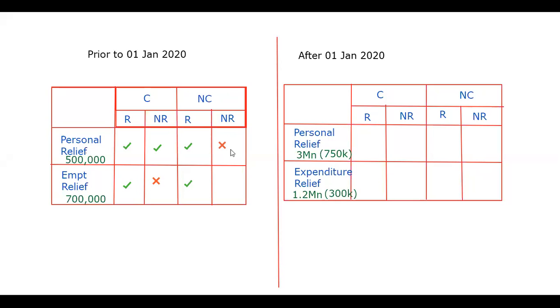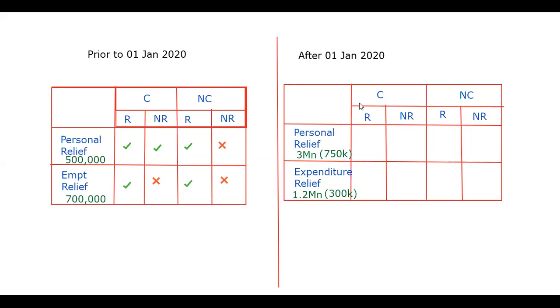Here, they will not get personal relief. As well, they will not get employment relief. Right? Then the new law is also applicable. You need to critically analyze this. This is a mind map, because it is important for your exam as well.